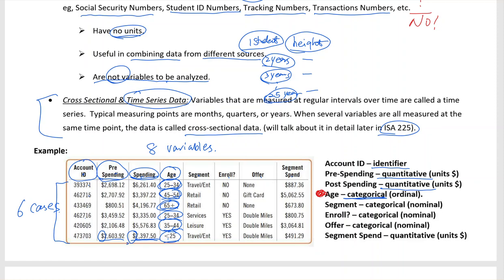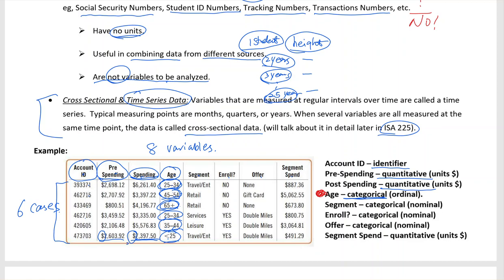And then we have a further step. If this variable is a categorical variable, then we need to decide whether it is an ordinal variable or a nominal variable. If the categories can be ordered, then it is an ordinal variable. If the categories cannot be ordered, with no order, then it is called a nominal variable. So can these categories be ordered?